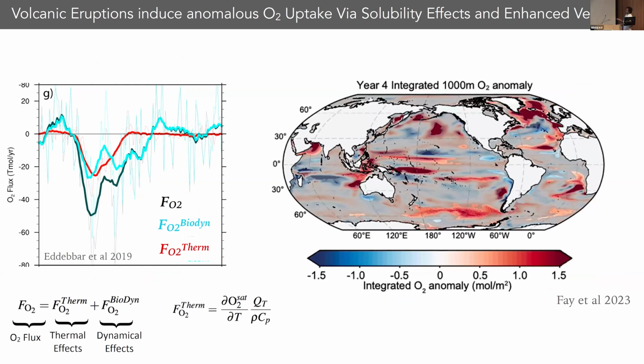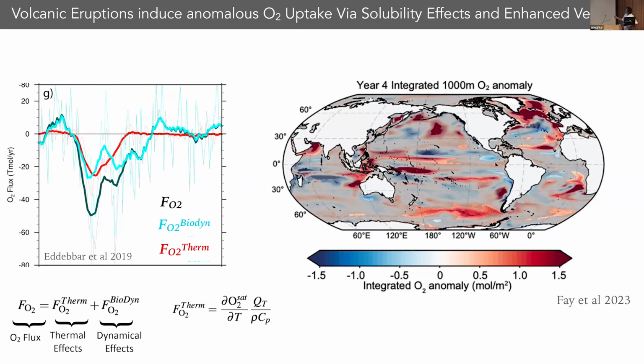When we decompose the air-sea flux of oxygen into a thermal component driven mainly by solubility versus a non-thermal component associated with changes in ventilation intensity, we see that the solubility effect contributes at most half of the air-sea flux. So there's a change in the ventilation dynamics of the high latitudes as a response to these tropical eruptions.